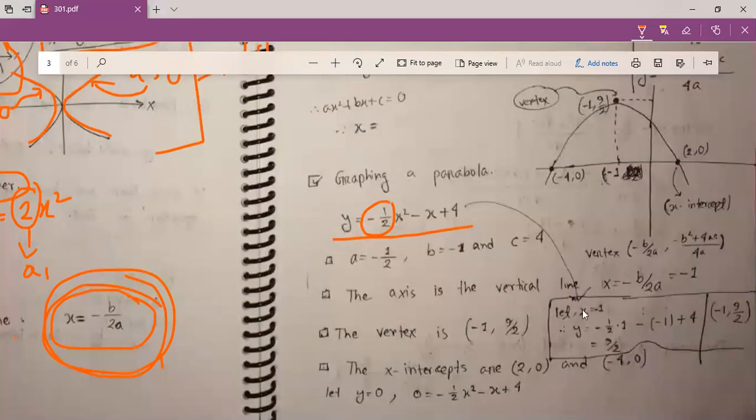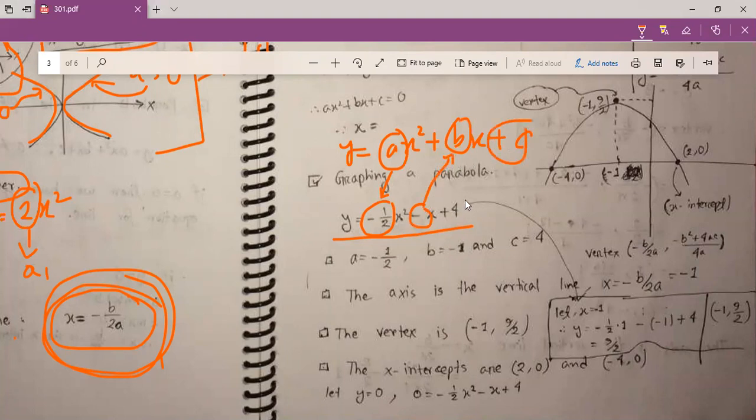Because we can compare it with y is equal to ax square plus bx plus c. And for this equation, a is equal to minus 1 by 2 and b is equal to minus 1, right? And c is equal to 4.